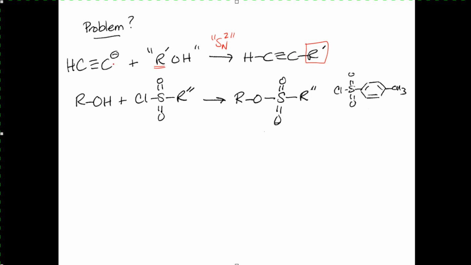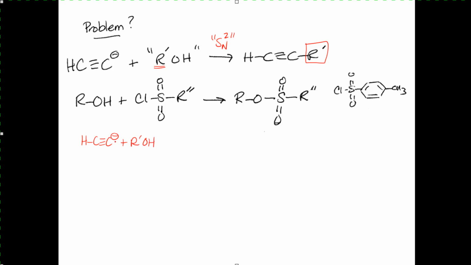Well, what would really happen if I did this reaction? If I took my alkynyl anion and reacted it with an alcohol, what would happen? And this is an R prime, just meaning it's some alkyl group.